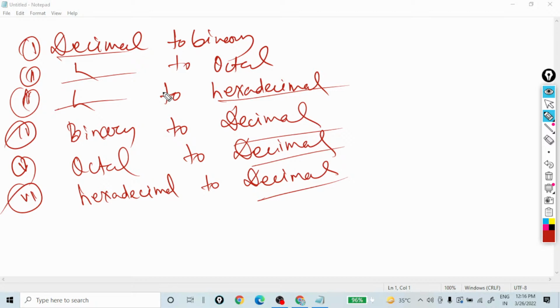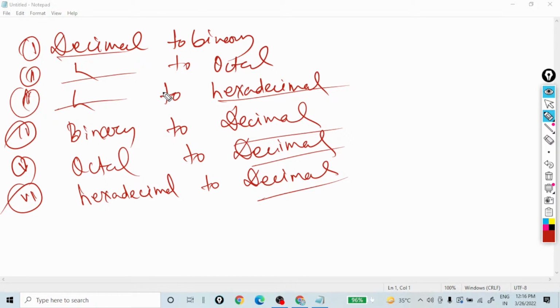Why are we doing it? Because it is easy. All other forms are complicated, and by these 6 types of conversion methods you can convert any type of number system to any other type of number system.